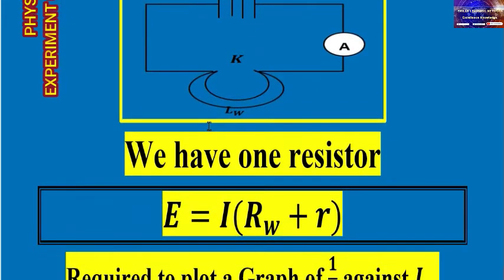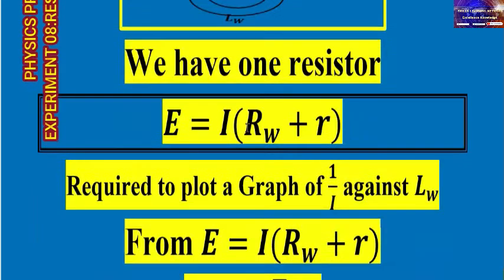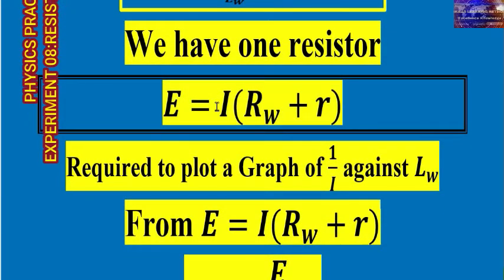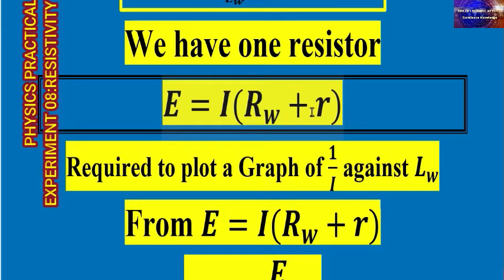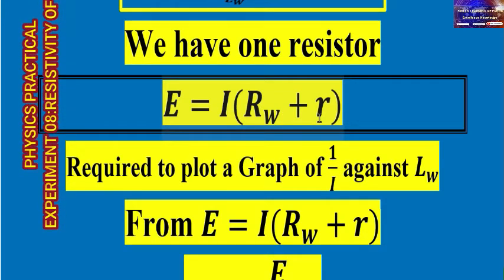So remember, we have one resistor of wire. The general equation according to our circuit would be EMF is equal to current times R of wire plus internal resistance of the battery.